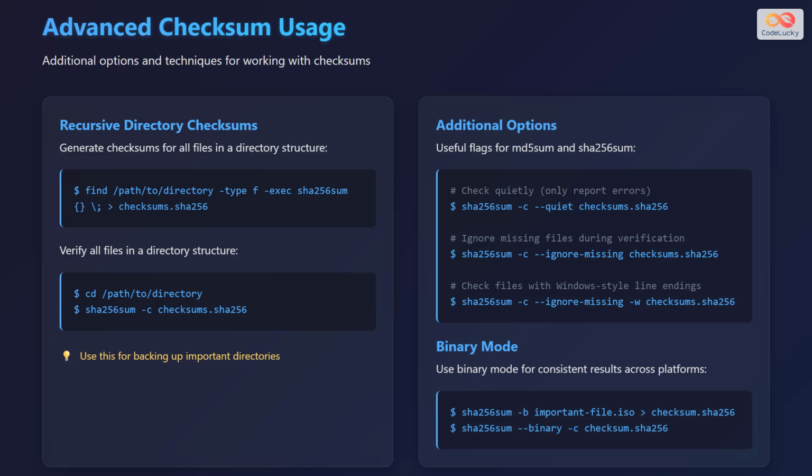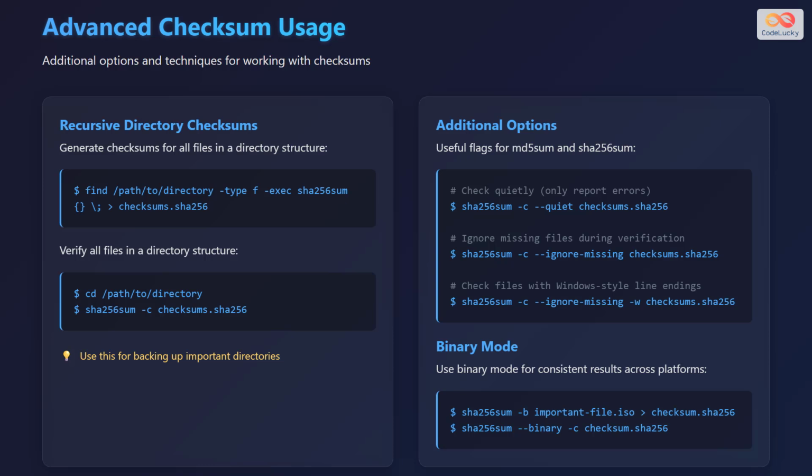Let's explore some additional options and techniques for working with checksums. To generate checksums for all files in a directory structure recursively, you can use the command find /path/to/directory -type f -exec sha256sum {} \; > checksums.sha256.